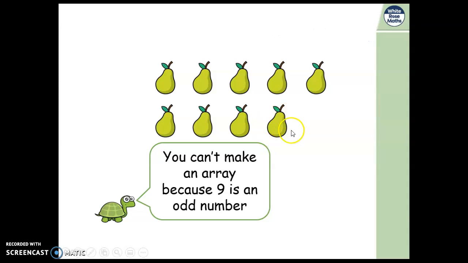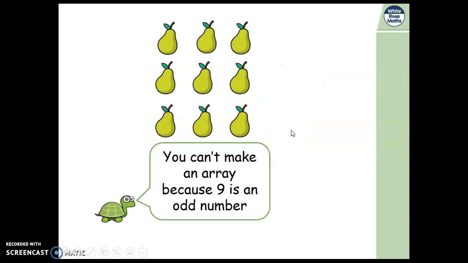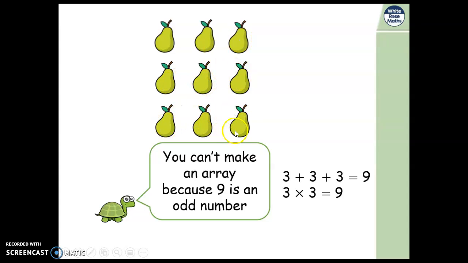If we actually think about it, we can make an array because if we had 9, we could put them into groups of 3. 3 plus 3 plus 3 equals 9. 3 times 3 equals 9.